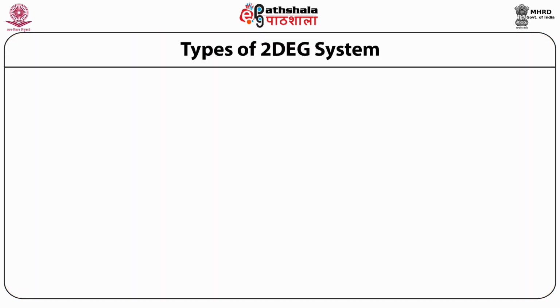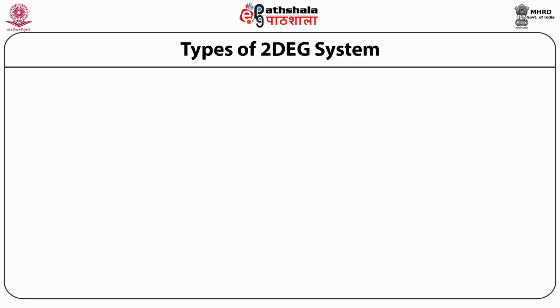Types of two-dimensional electron gas. In low-dimensional systems, the quantum effects were first observed in two-dimensional electron gas. There are two basic systems.